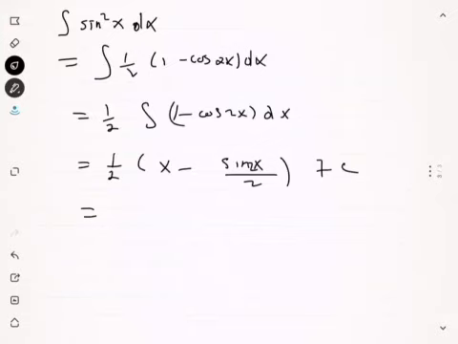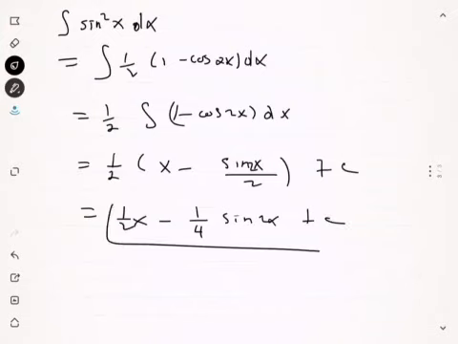So we get 1/2 x minus 1/4 sine of 2x plus c. So basically, when you have even powers on both sine and cosine, you use half angle identities.